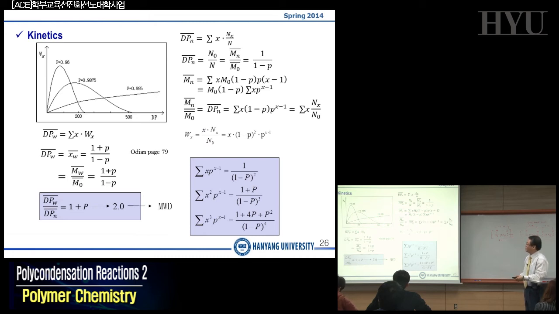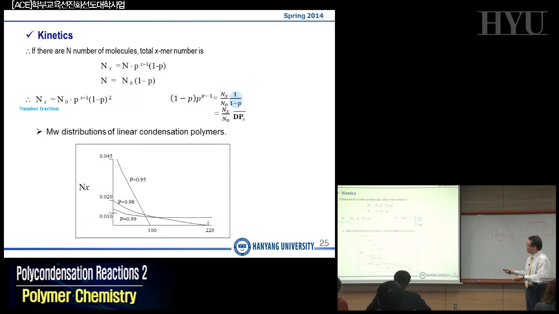The equations look quite complicated, but in all of your textbooks about kinetics you can find these curves, which represent the weight fraction versus the number fraction, and you can treat the probability of finding an x-mer in a statistical way.